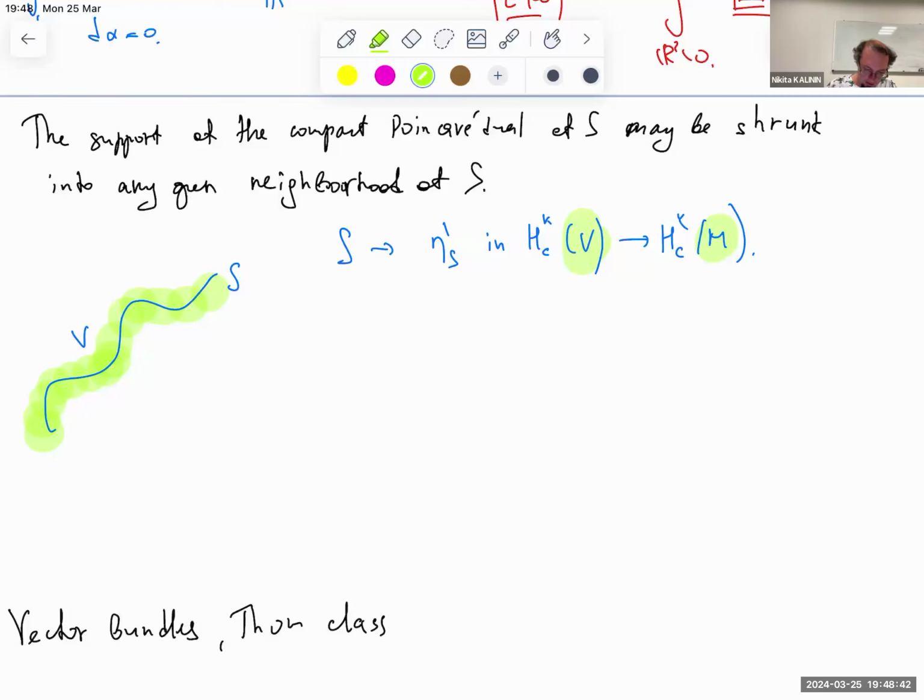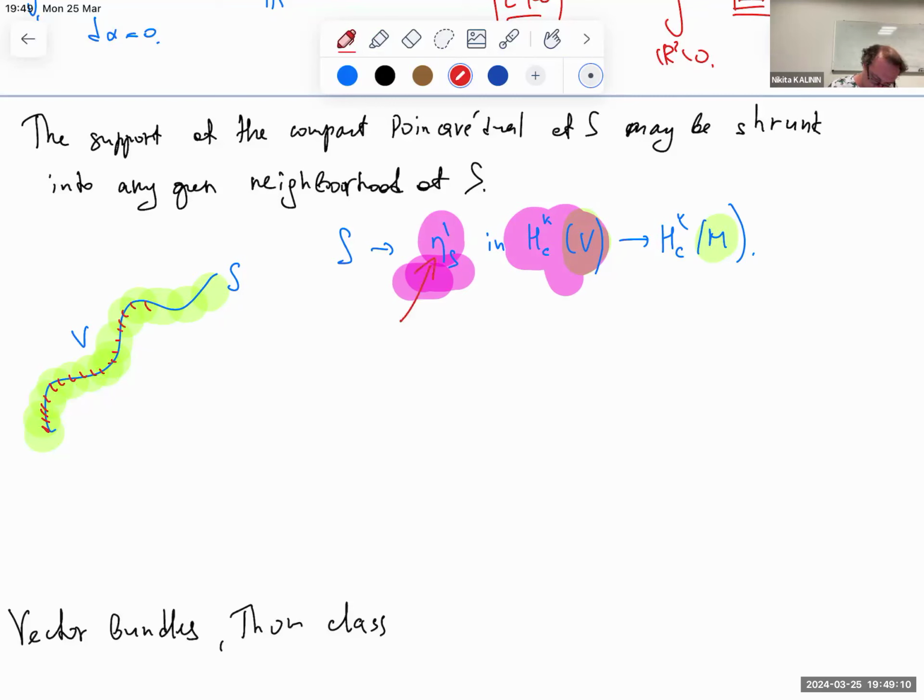So that's the way you find the support of eta S prime in a very small neighborhood. Just take a neighborhood, then inside this neighborhood you still have the same Poincare duality and everything. So in this neighborhood, you find this eta prime S. It means that this eta prime is a certain form which lives just in a small neighborhood V. We can choose it, right?